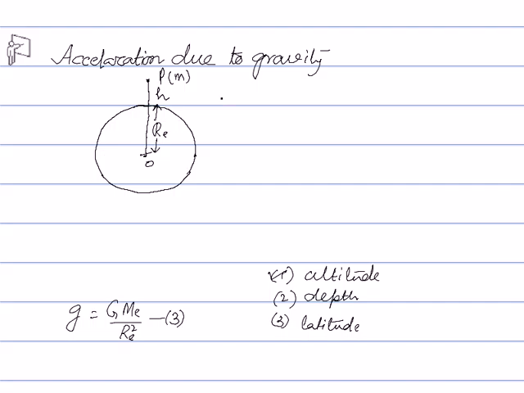So the force on this particle of mass m will be equal to G times the mass of Earth, M_e, times the mass of this particle, by the square of the distance, that is (R_E plus h) squared.